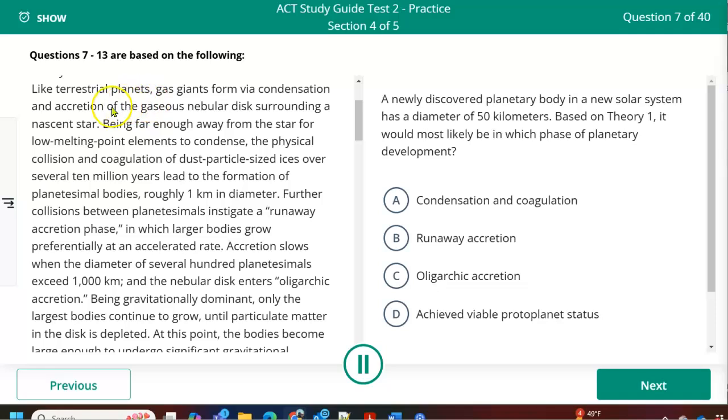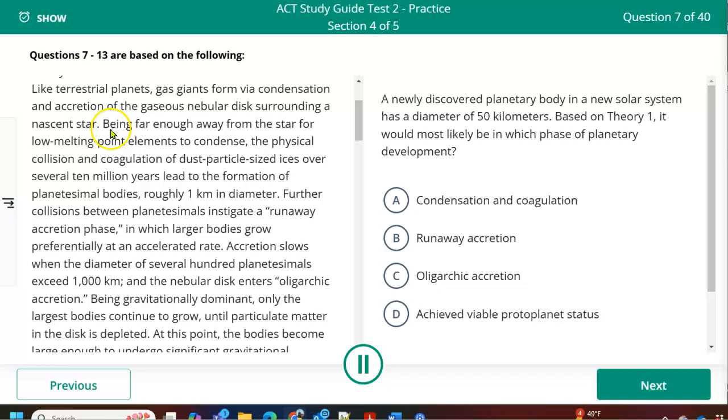Okay, for condensation and accretion surrounding a star, being far enough away from the star for low melting points to condense, physical collision, coagulation, ices over several 10 million years.